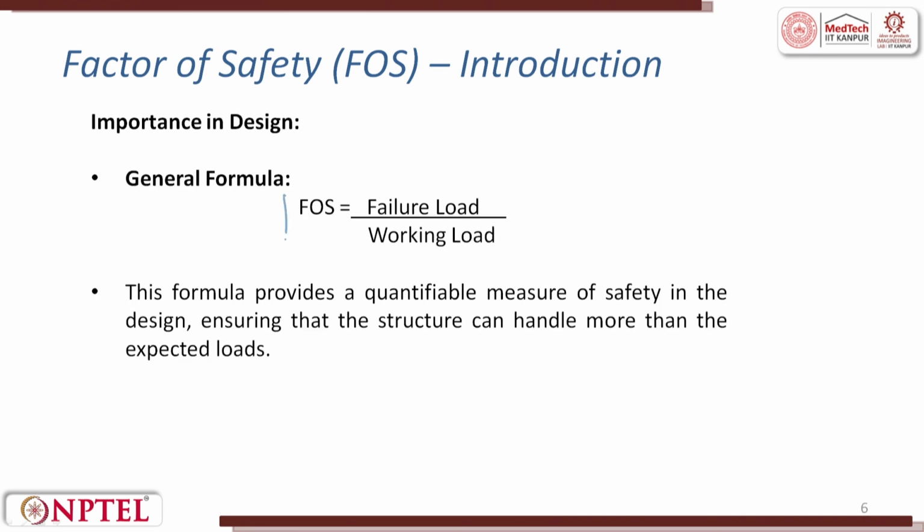The general formula for FOS is failure load divided by working load. This formula provides a quantifiable measure of safety in the design, ensuring that the structure can handle more than the expected load, right. So, factor of safety is very important.